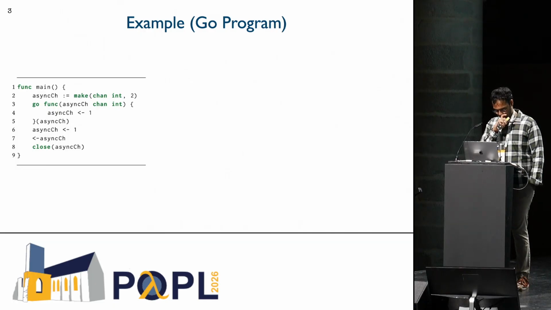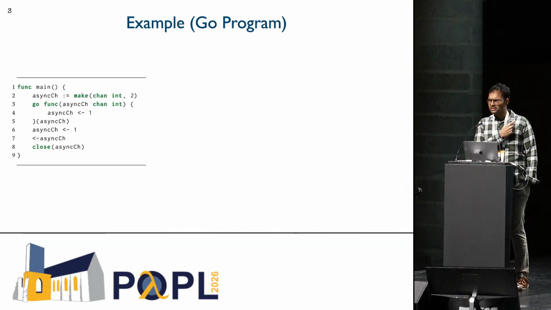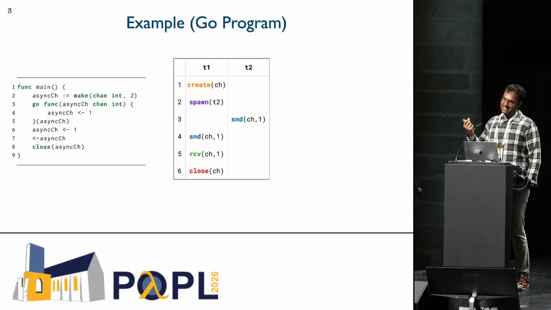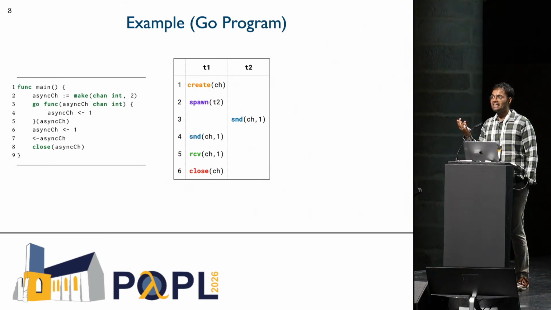If you've written many Go programs, you would see that this is not really a nice program, because under some bad interleaving, you may end up closing the channel before the other Go routine accesses it. So as a developer, I may be interested in finding these kinds of bugs.